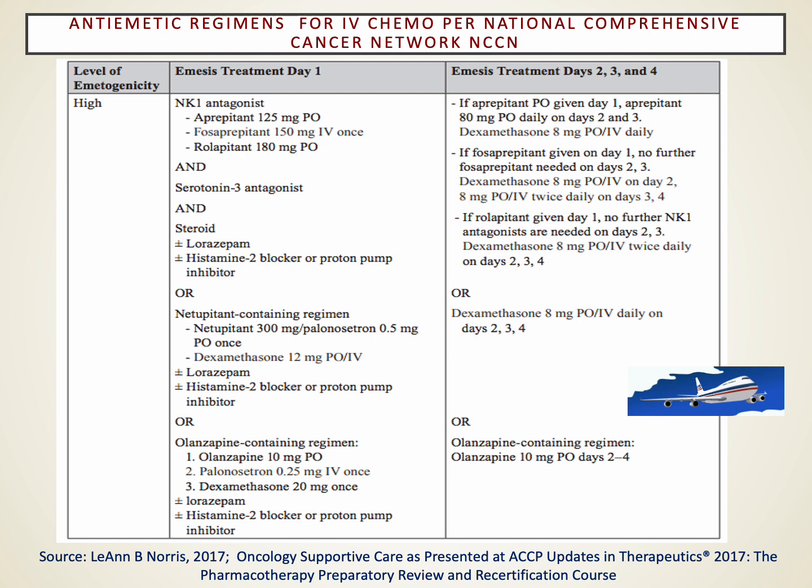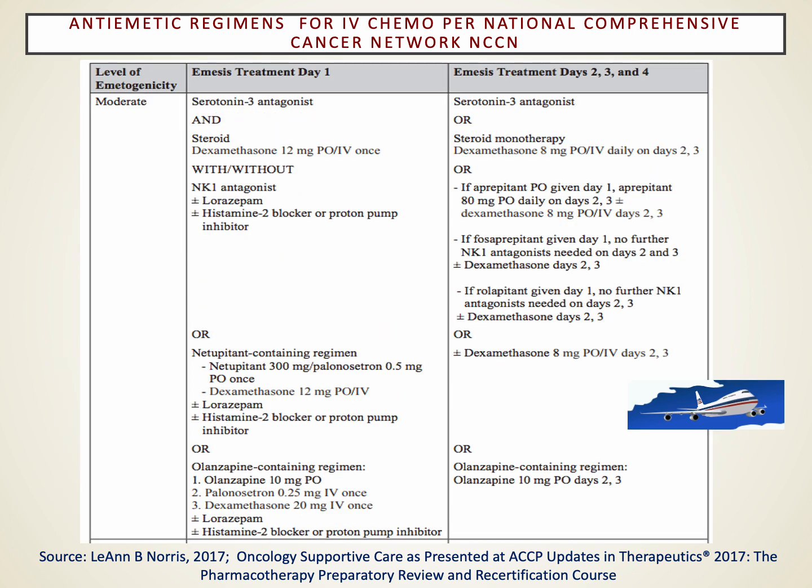So I think it's helpful to let your eyes glaze over these regimens and be familiar with some of the regimens that the oncology team will use, even though you may never use some of these agents. The NK1 antagonist, for example, you'll probably never use, but you may see patients on them lingering for their post-emesis, delayed emesis management.